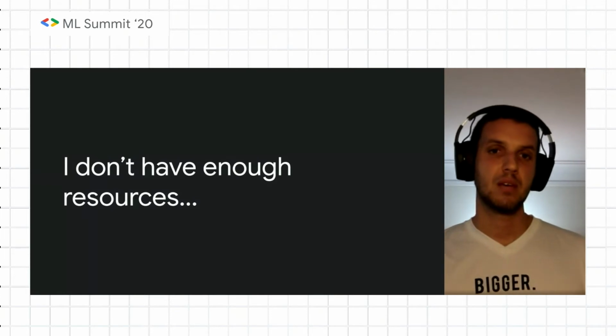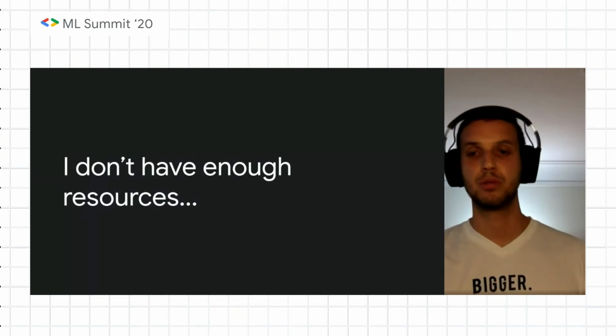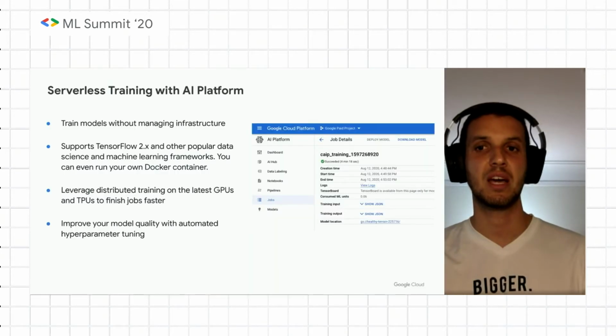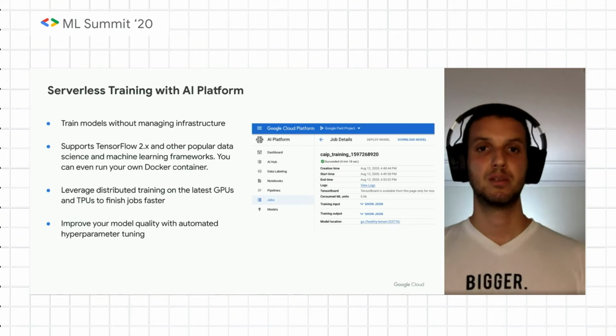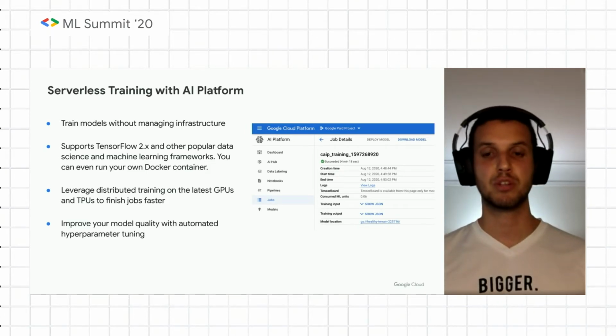And then you may think, okay, but I don't have enough resources. I have this code, I know what to do, I run on my notebook, but even though it just takes too long, I don't have everything I need to do. Well, and then it comes your AI platform jobs. Using AI platform jobs, you're able to train models without managing infrastructure.